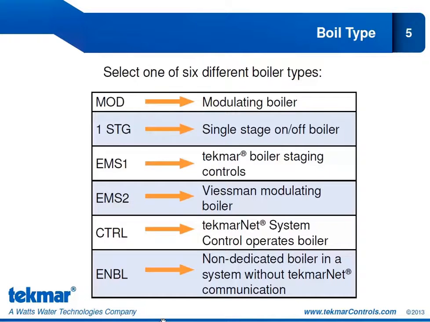Lastly, we have enable. You would choose enable when the application mode is set to mix and the snowmelt system has a non-dedicated boiler plant. In this case, we would not be using TechMarnet communication, and we would use the enable boiler type. And what would happen with that is the heat relay would close whenever the mixing device was increasing and reached a position or speed of 10%.